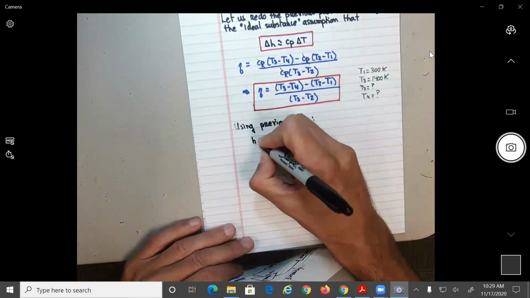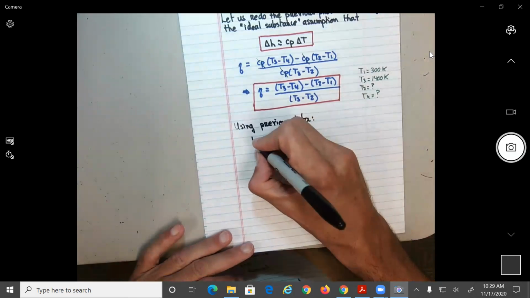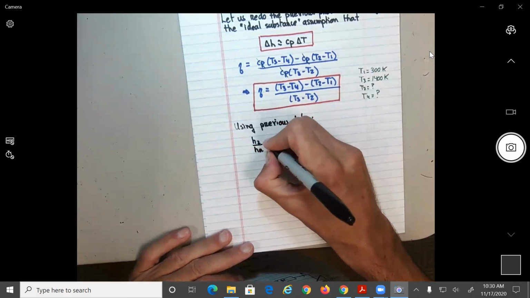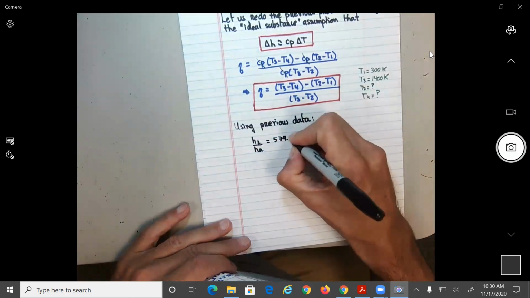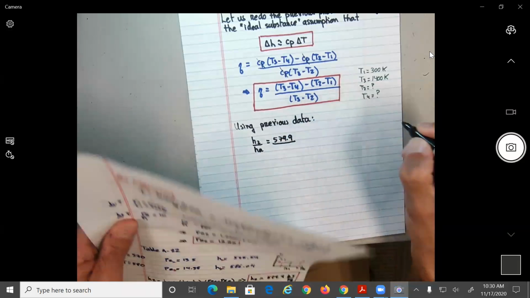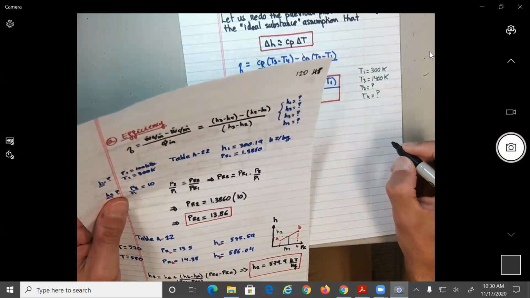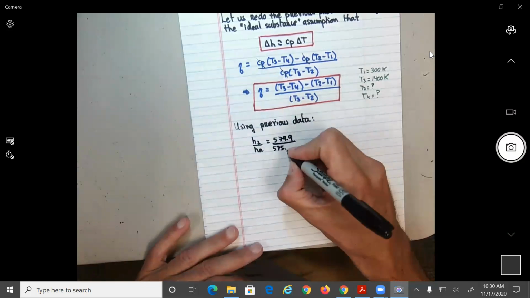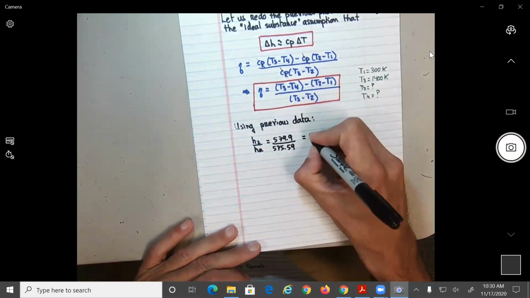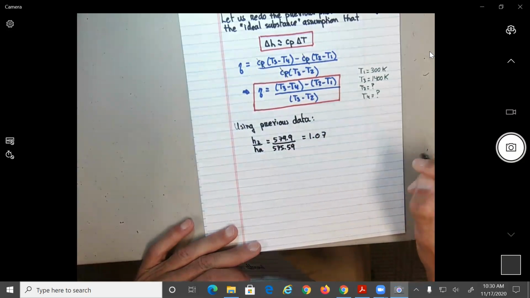If you want, let's write it down. So we did H2 divided by H sub A, which is 579.9 divided by 575.59, and you told me this is approximately equal to 1.07.